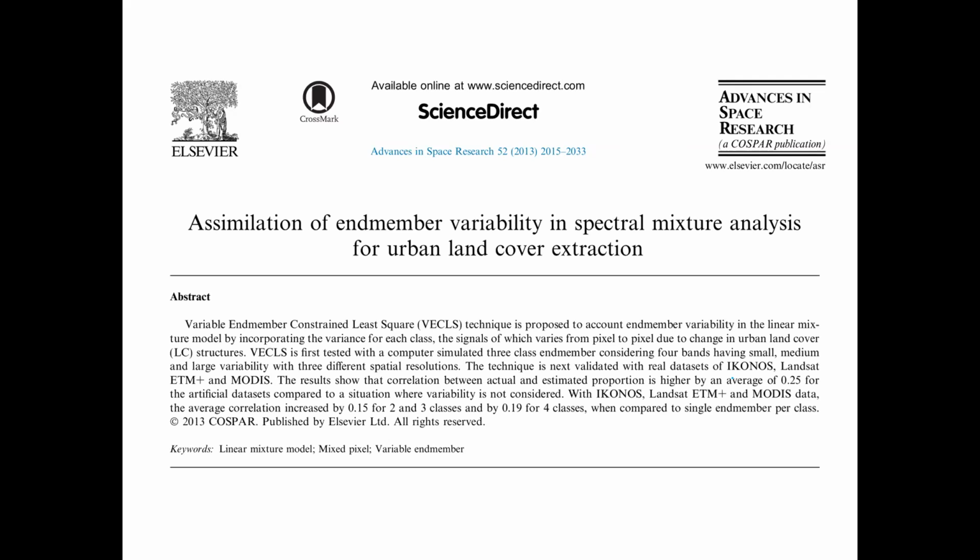Here we extend the idea of constrained least squares, which was introduced in the year 1992. And an endmember is actually a class. So can we simulate this variability in the class in a particular mixture model?